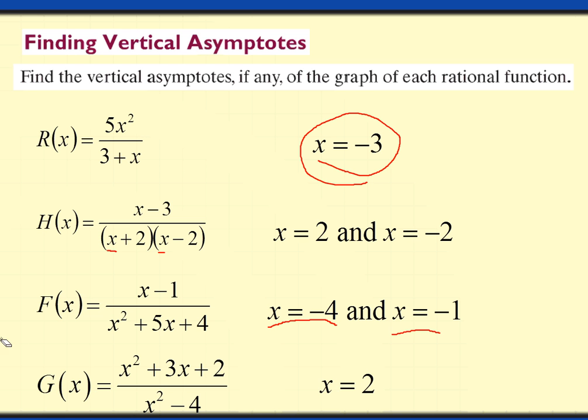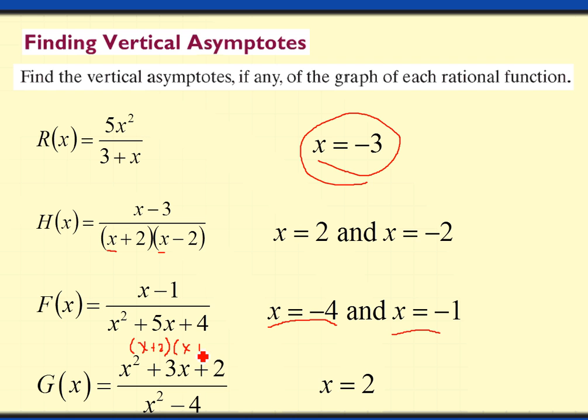Well, here's why. This function g is not in lowest terms. It's not reduced. See, if we go about and factor this numerator, it will factor as x plus 2 times x plus 1.